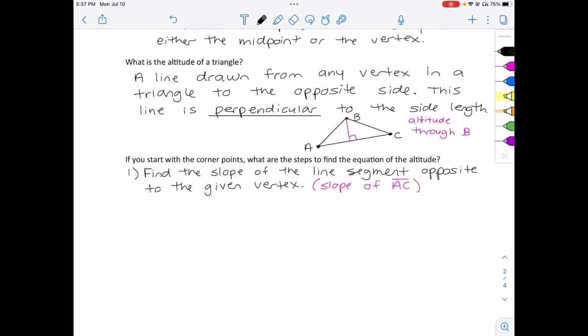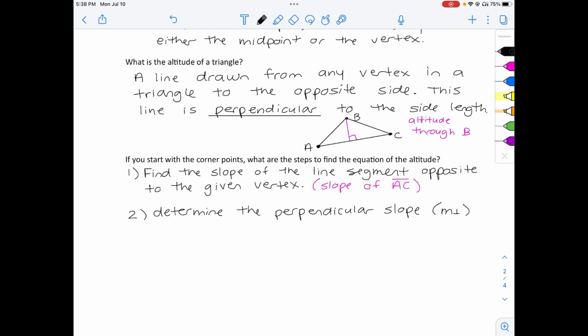Then we would, from that slope, determine the perpendicular slope. Okay, the one that's perpendicular to line AC. And I always write that like this, so I show it as m, little m means slope, and then this symbol means perpendicular. Okay, it's showing that it's making a right angle.